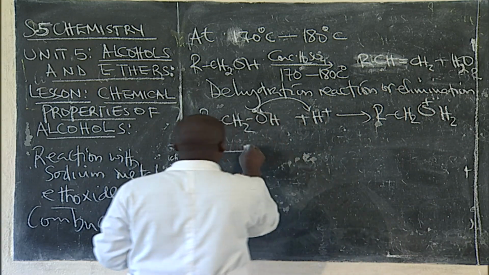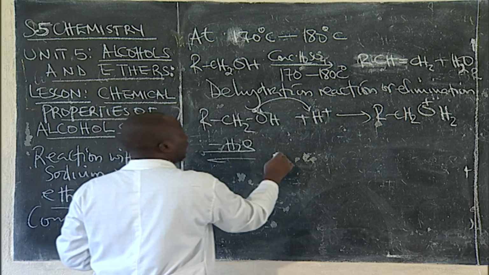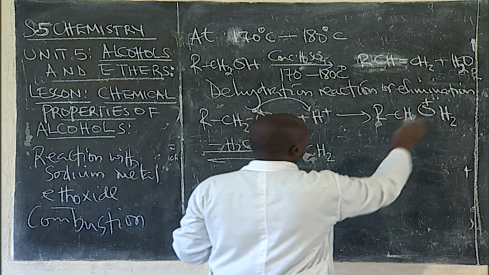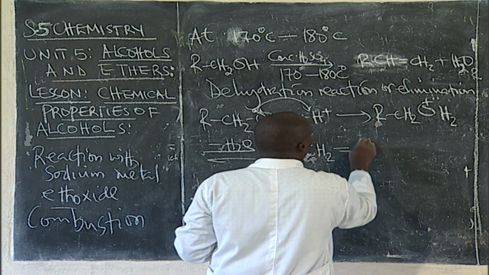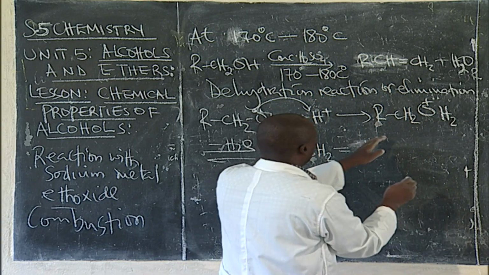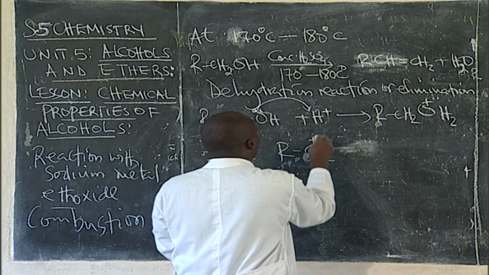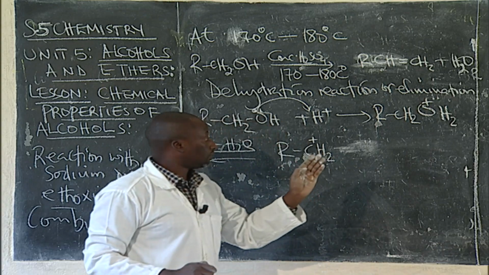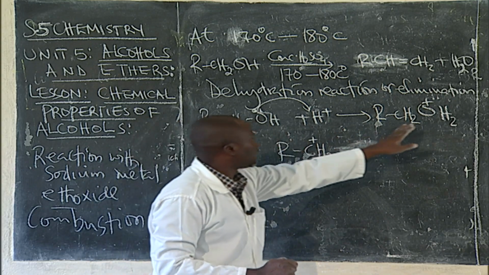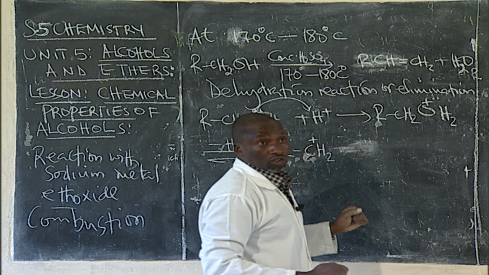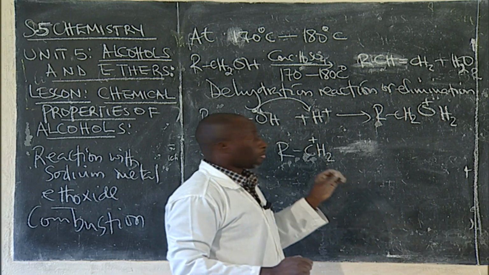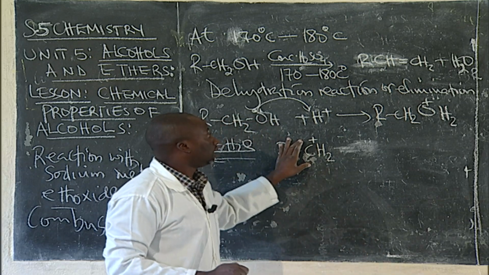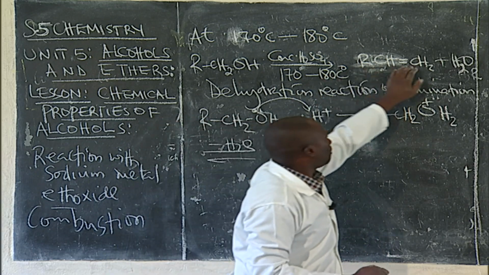There is elimination of the water, and then you'll have RCH2, CH, and this one becomes positive when the water is eliminated. So we said it forms an alkene.